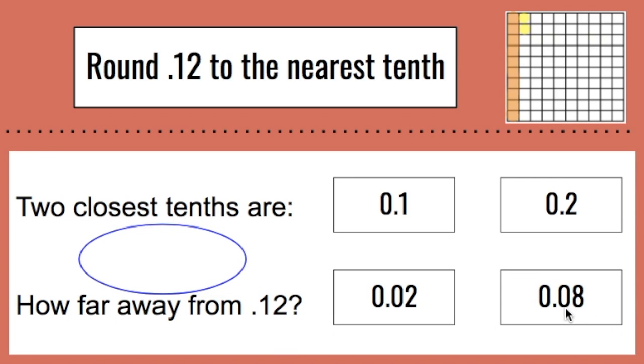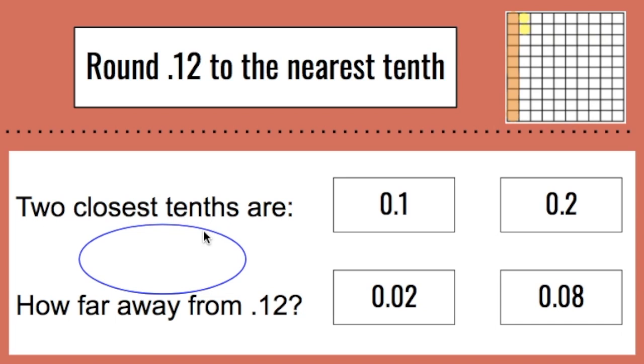As you can see here, if I count 1, 2, 3, 4, 5, 6, 7, 8 hundredths more, I'll reach 2/10. If I count back 1, 2 hundredths, I will have reached 1/10. So this amount corresponds to this amount, and this amount corresponds to this amount.